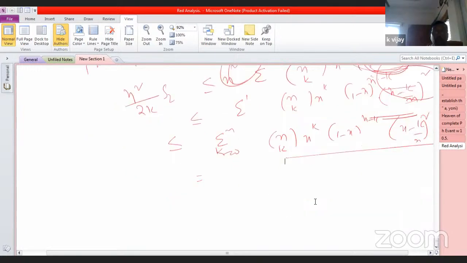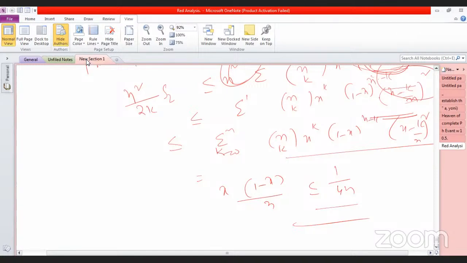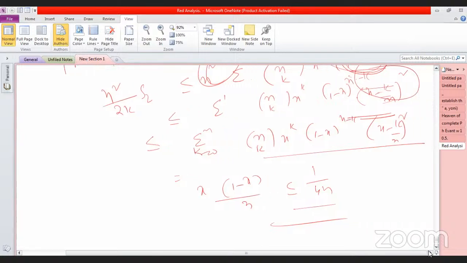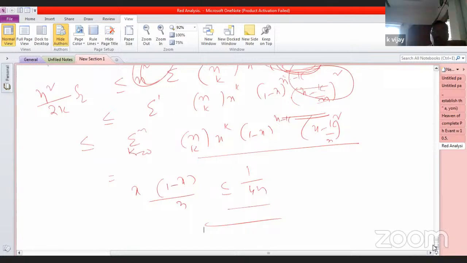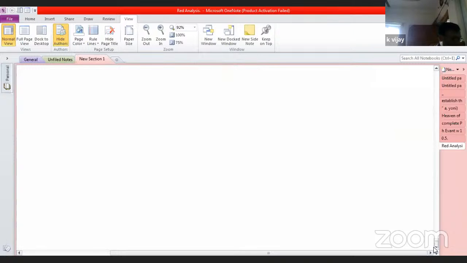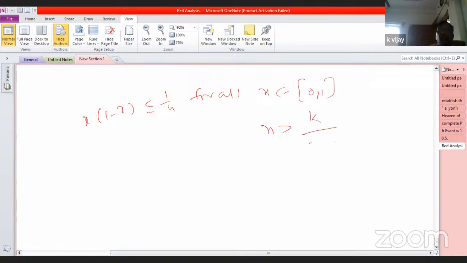So this value is what we have, right? What can we write for the whole value? x(1−x)/n is less than or equal to 1 by 4n. Correct? Correct, sir. We write (1−x), take x as constant, the total is an n function, and since it is squared, this becomes 1 by 4n. So therefore x(1−x) is less than or equal to 1 by 4 for all x belonging to [0,1], and n greater than K by epsilon delta square.